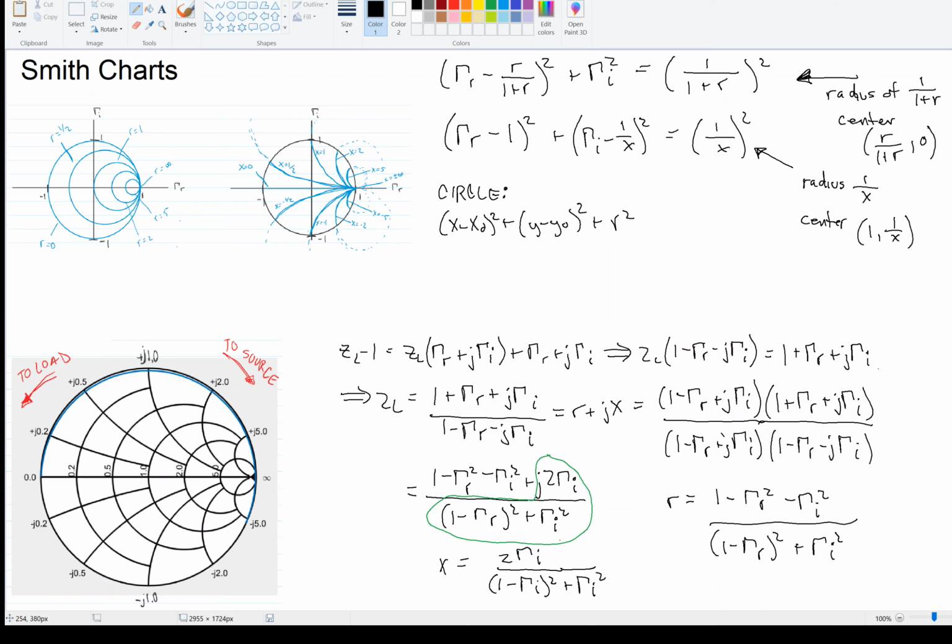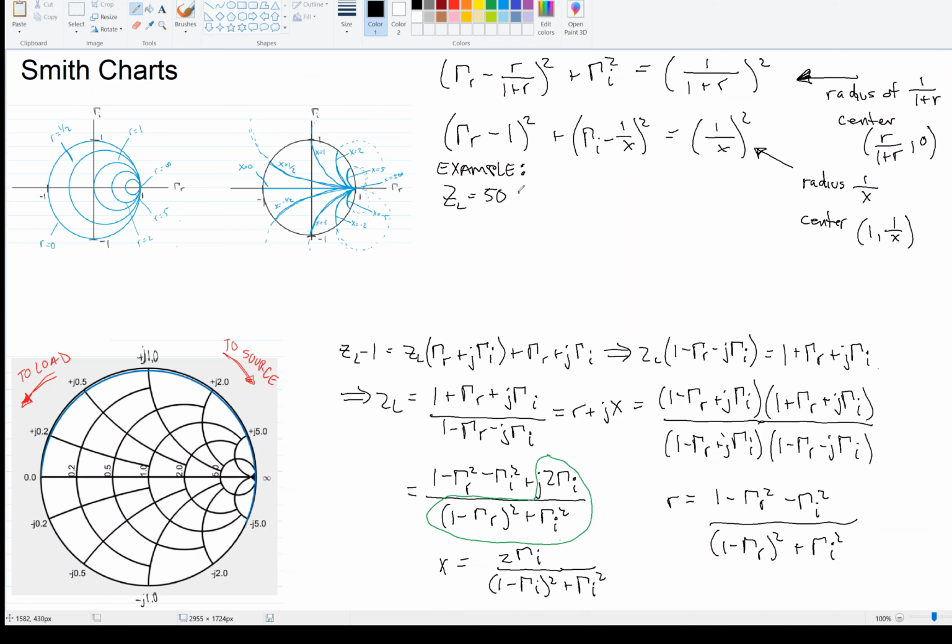Okay, so now that we understand that, let's look at an example. Let's say, for example, we have a load impedance capital Zl, so before it's normalized. So this is an example.